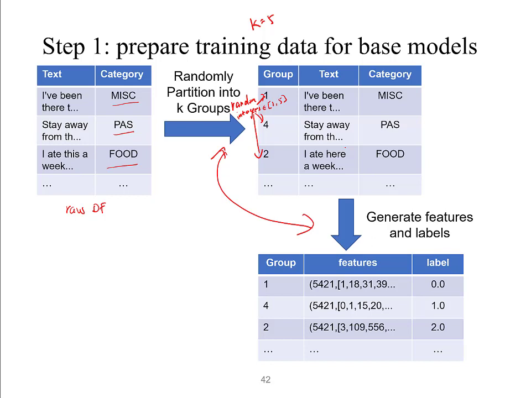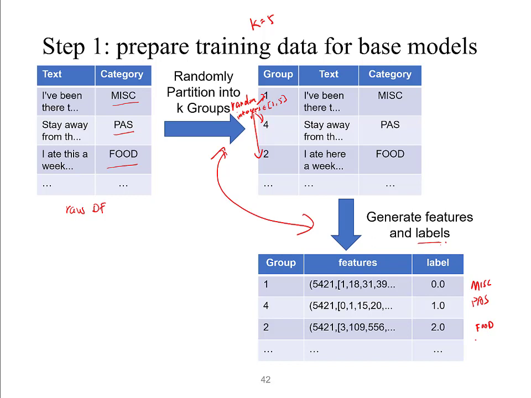And the second step is to generate features and labels. In order to generate labels, as we have shown before, you can use a string indexer to convert the categories into labels. So basically, MISC is converted into 0, PAS is converted into 1, and food is converted into 2.